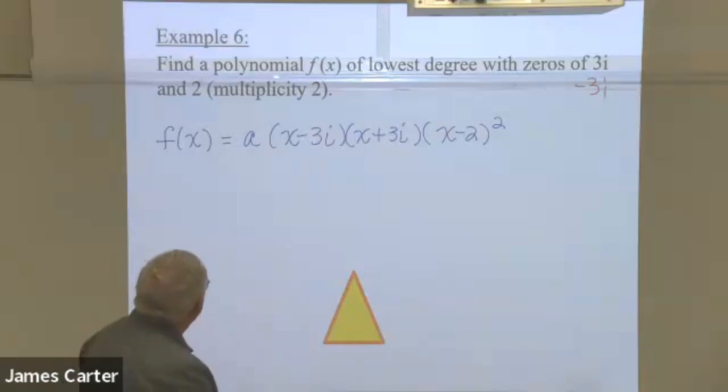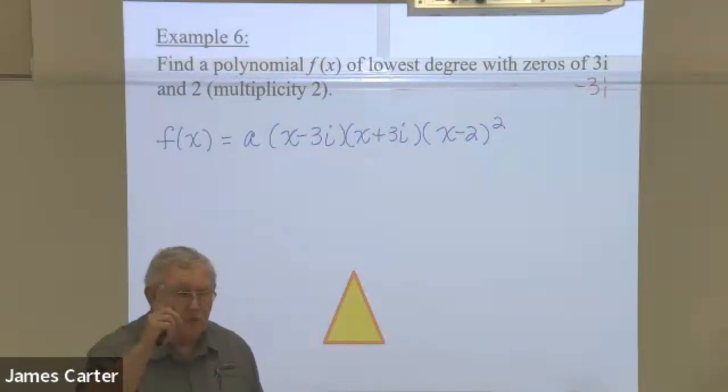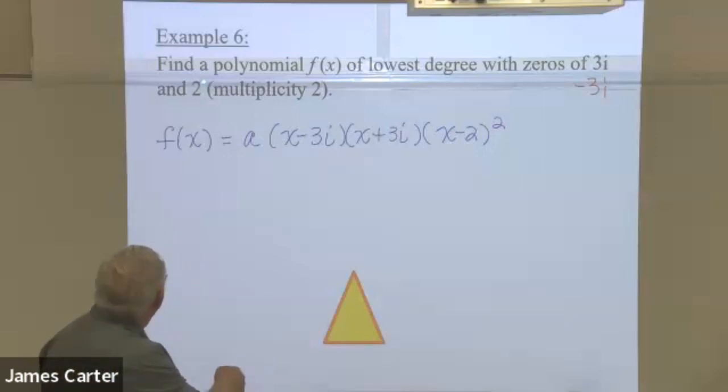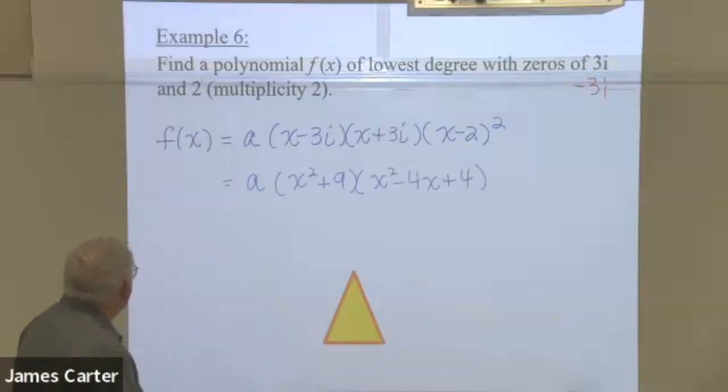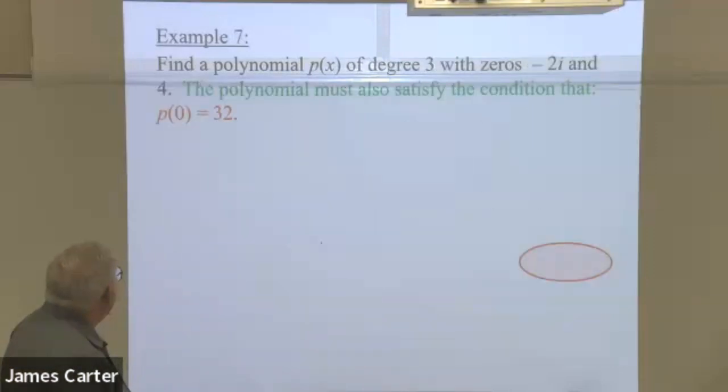But unless they give us some special indication, we assume it's 1. In this case, we would assume it is 1 because they don't give us any special indicators on what the value of the y-intercept is. So we just work it down.